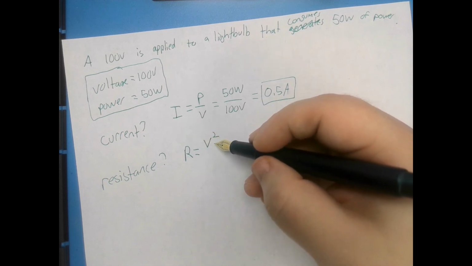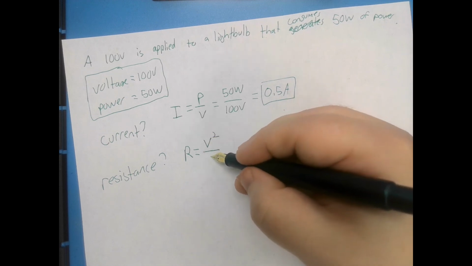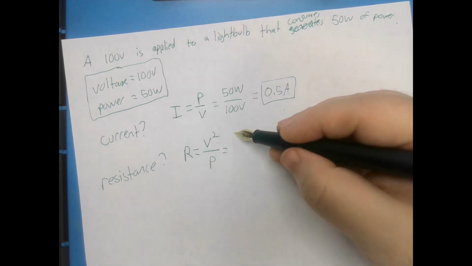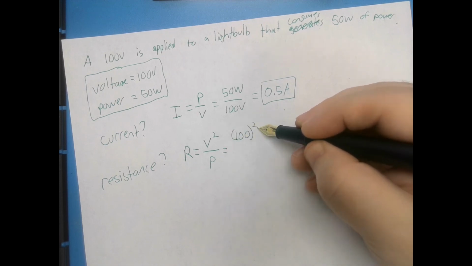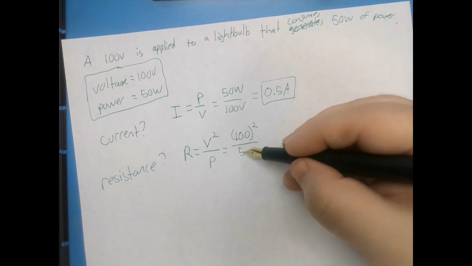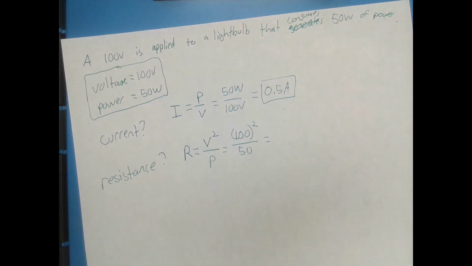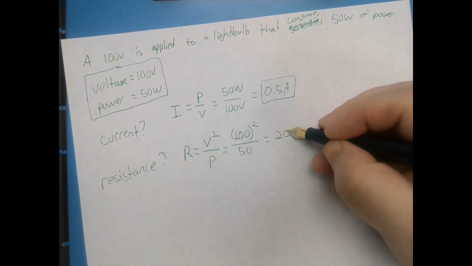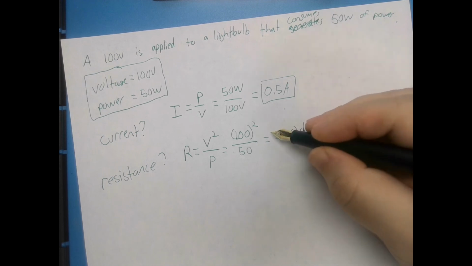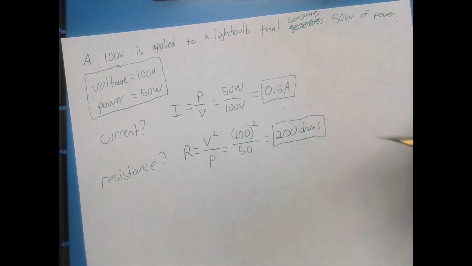So that would be 100 squared over 50. 100 squared would be 10,000. Divided by 50 is 200. So the resistance of the light bulb is 200 ohms.